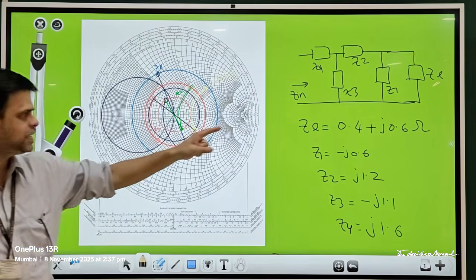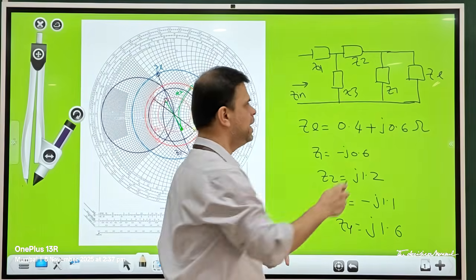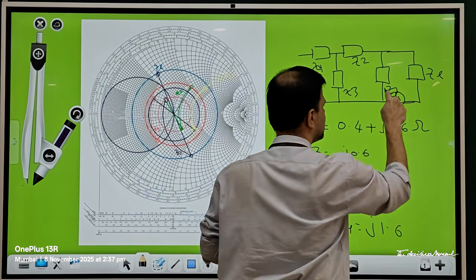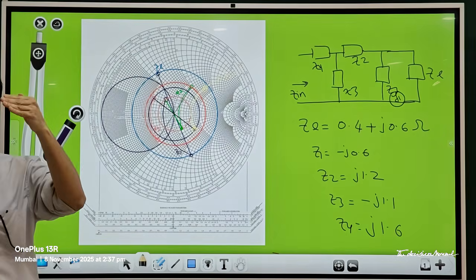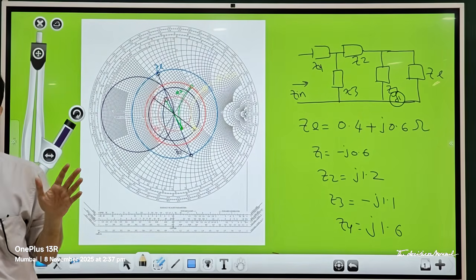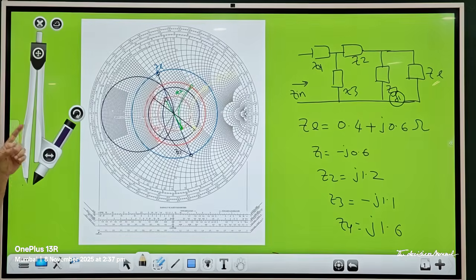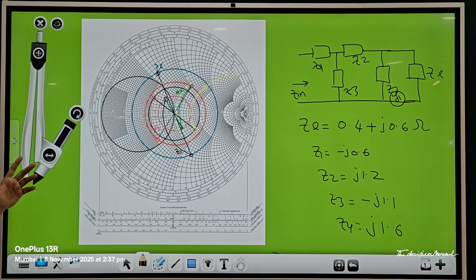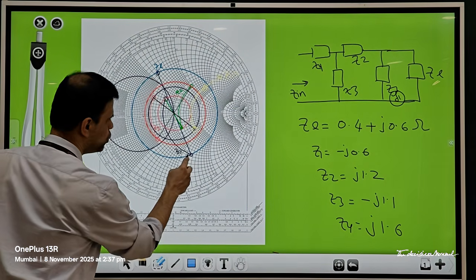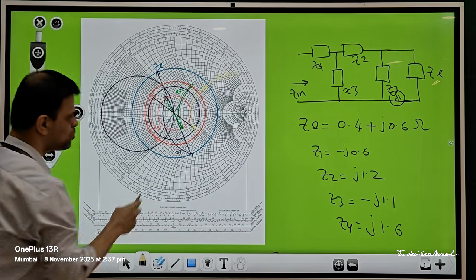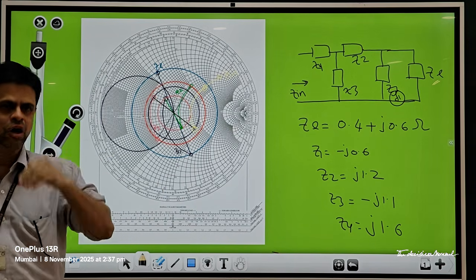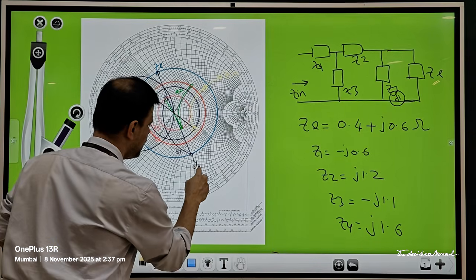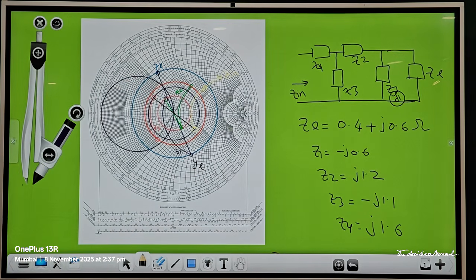So next step, what you should do? Calculate Y1 for that respective Z1. How do you do that? 1 upon Z1. That will give you the value of respective Y1 for that impedance. After that, what you should do? Identify the corresponding G circle, or I should say the corresponding R circle, on which this YL is residing, because now you are on Y domain.